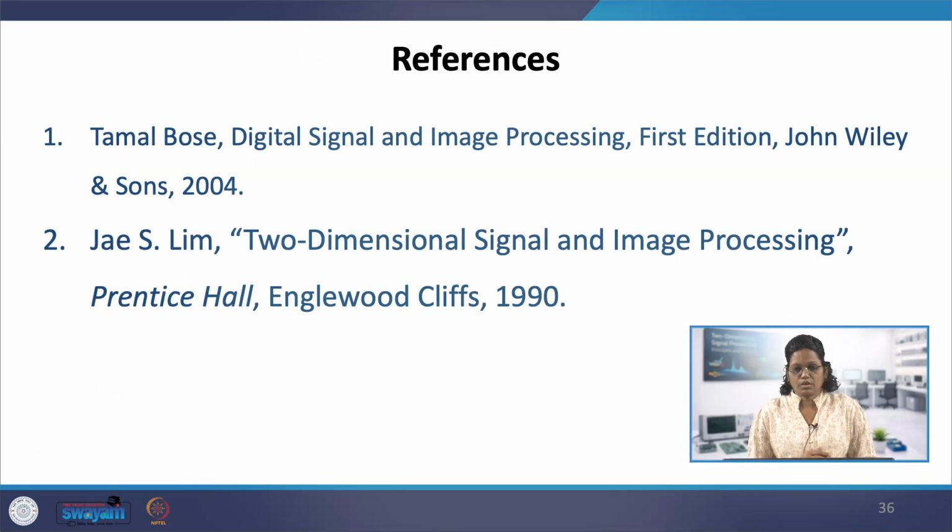With this, we have seen the KL transform and how it is different from the other transforms, and we relate it to principal component analysis. It is very much used for the energy compaction property, because all of the energy lies in the initial portion of the coefficients. So those coefficients can be used for a reconstruction process.